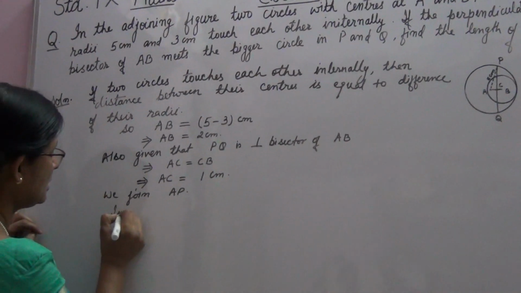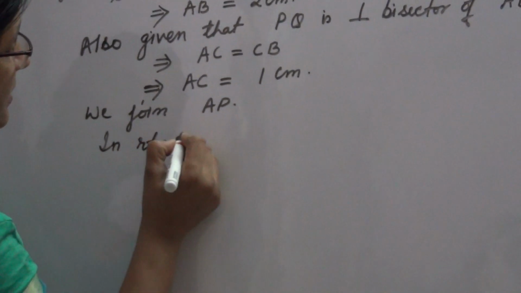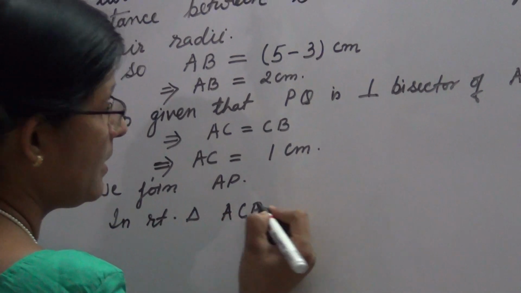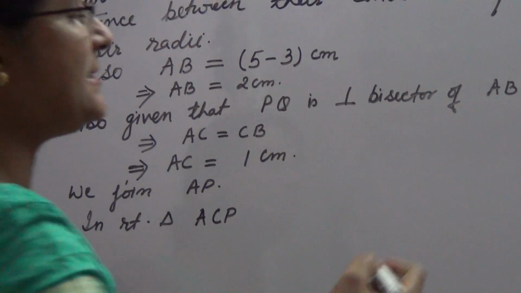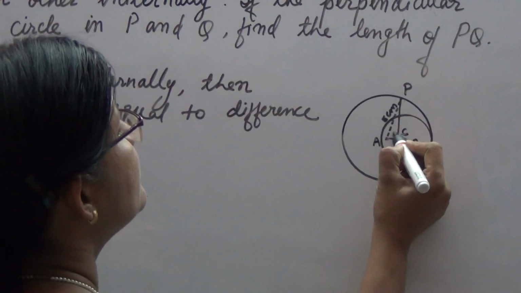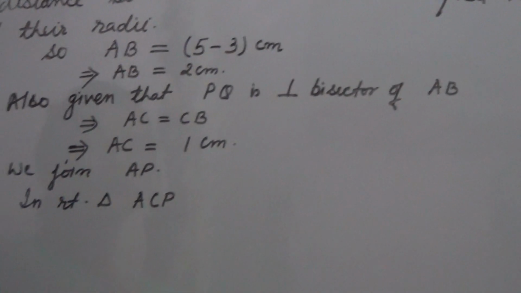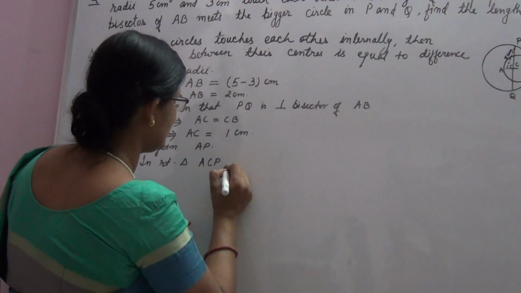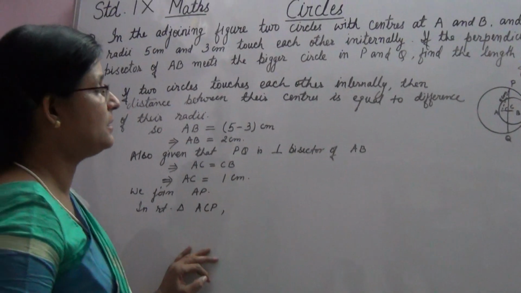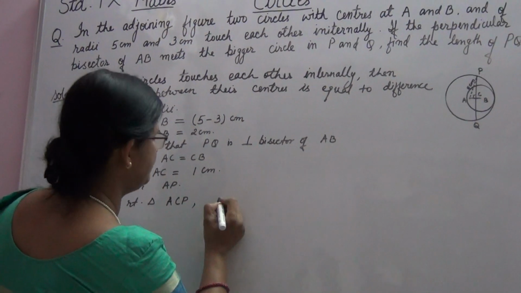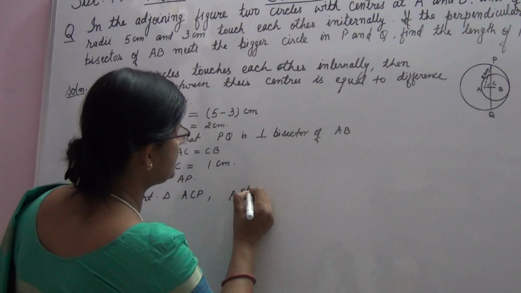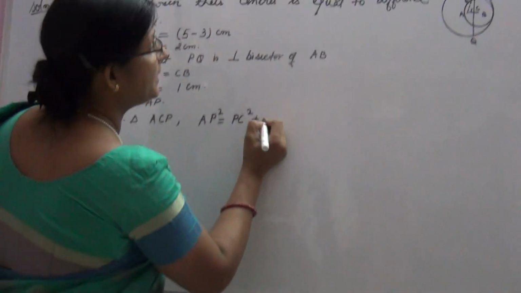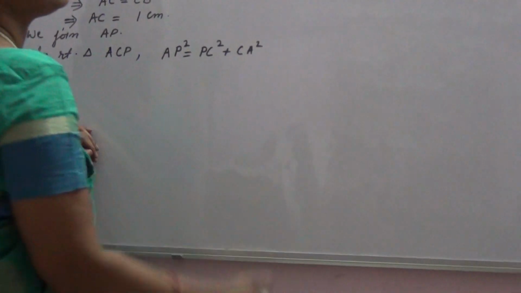So in right triangle ACP. As PQ is the perpendicular bisector, here it is forming an angle of 90 degrees. So ACP is a right angle triangle. So here in this triangle we are going to use Pythagoras property that AP square is equal to PC square plus CA square.